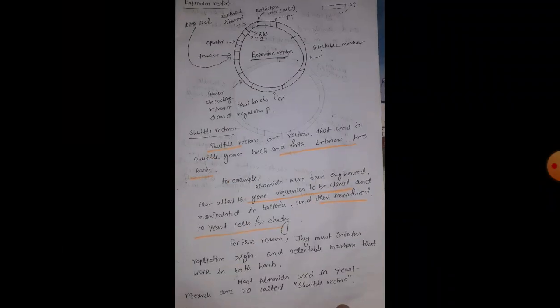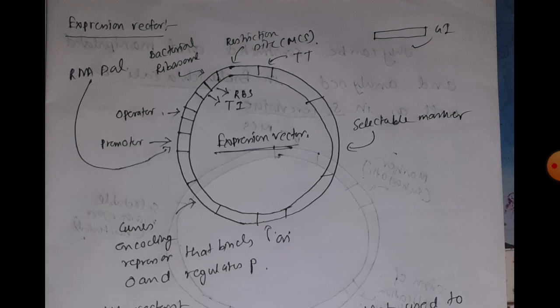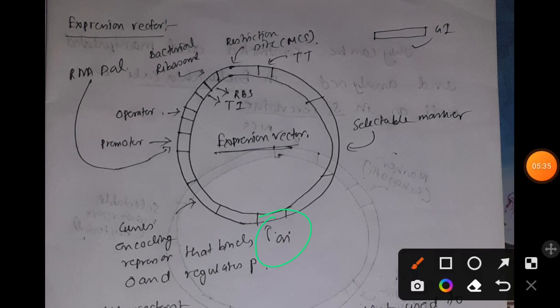Now there is a situation that I am going to explain that is very important, not only for your university exams but also for competitive exams. Let's consider a situation. We are using a prokaryotic expression vector containing a prokaryotic origin of replication, prokaryotic promoter, and prokaryotic operator.